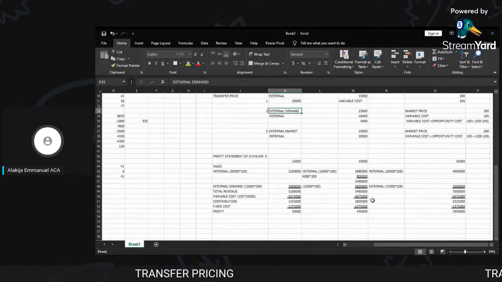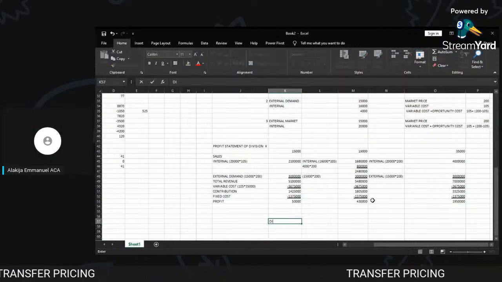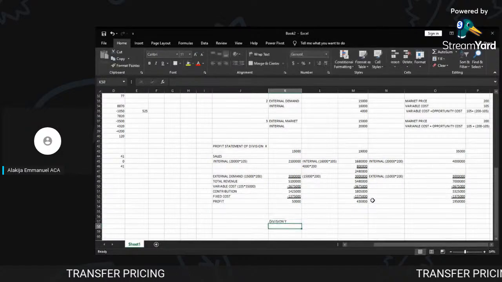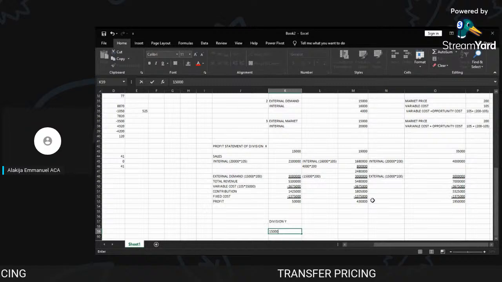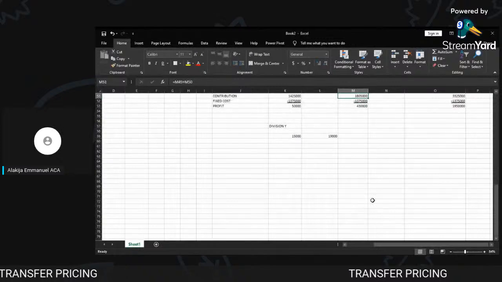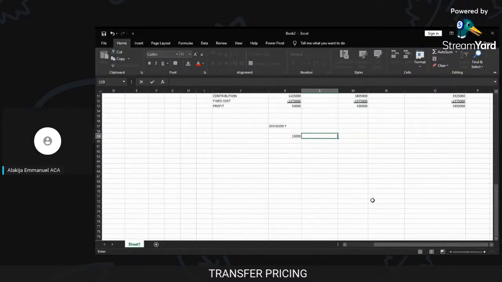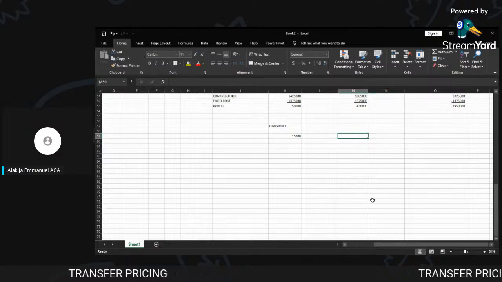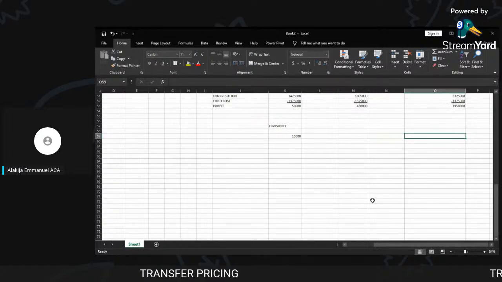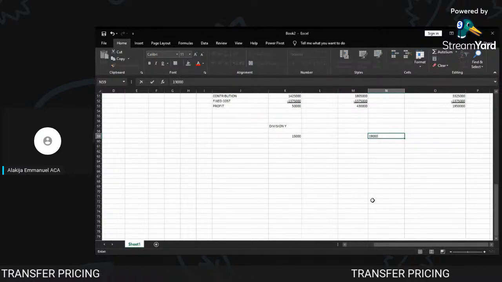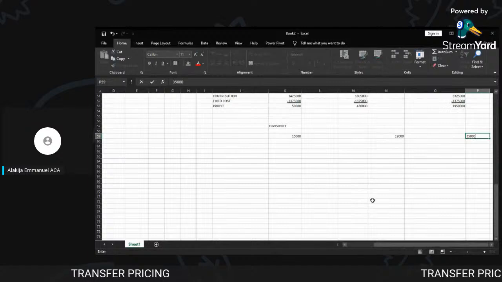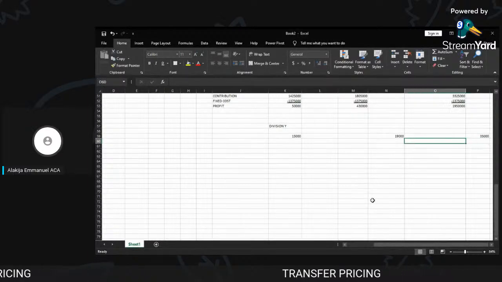So I move to division Y. I have 15,000 when it was 19,000, and when national demand was also 35,000.